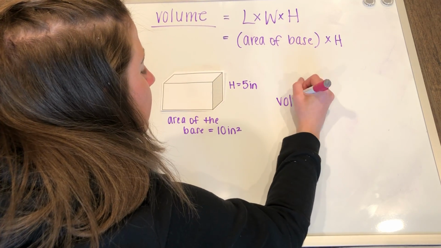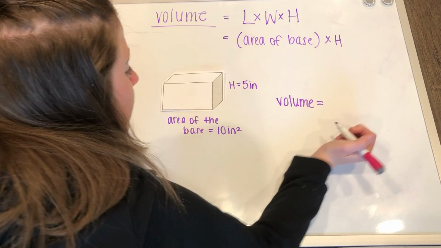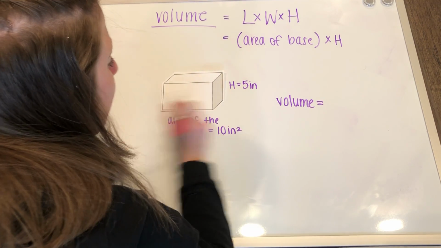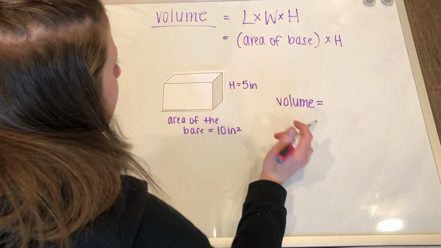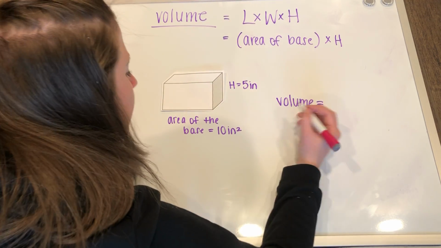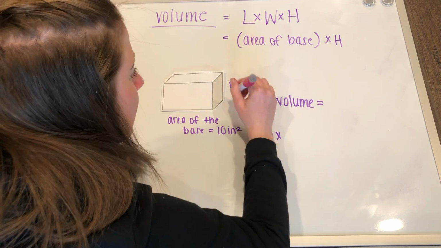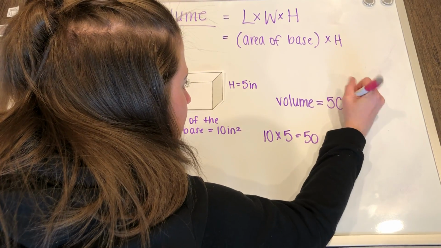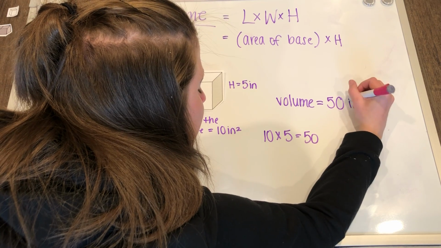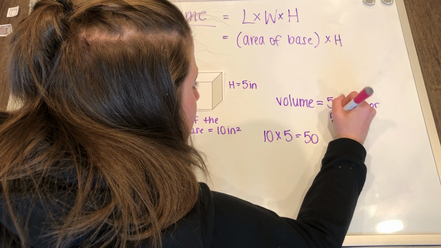What is the volume? So instead of giving you length and width already, they already gave you the area. They already multiplied length times width. So now all you have to do is take that area of the base and multiply it by the height, 5. So 10 times 5 is 50. So we have then 50 inches cubed, or 50 cubic inches.